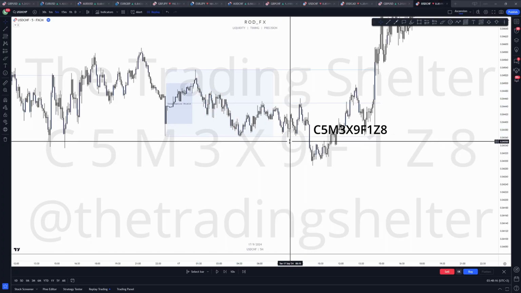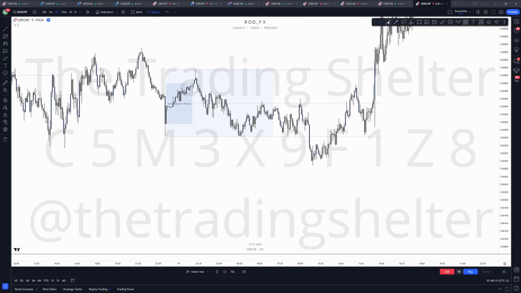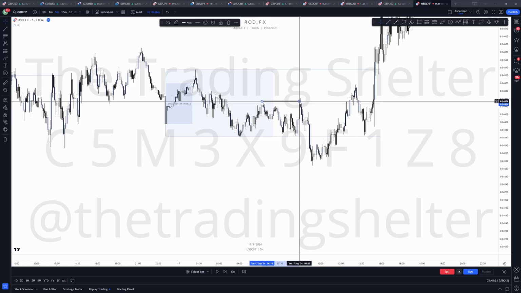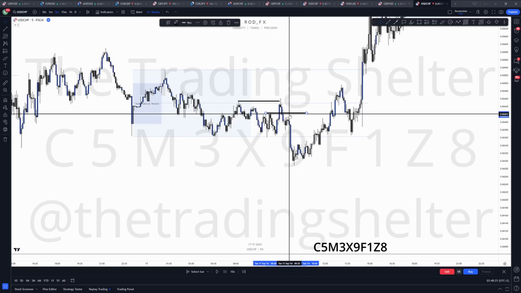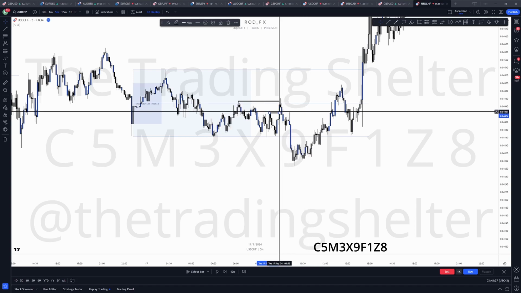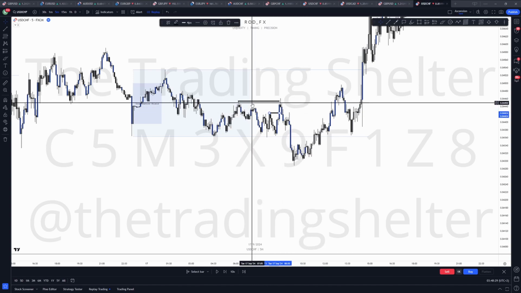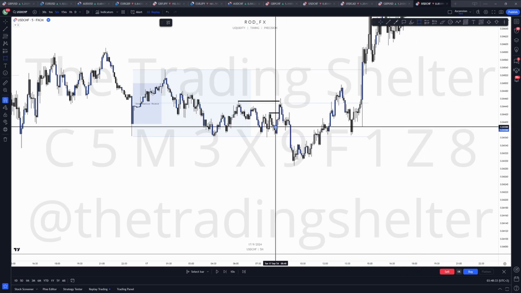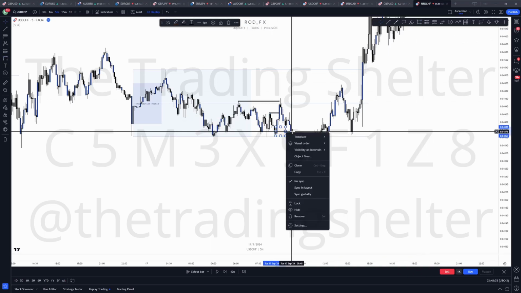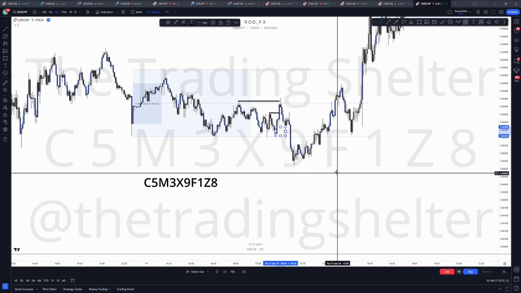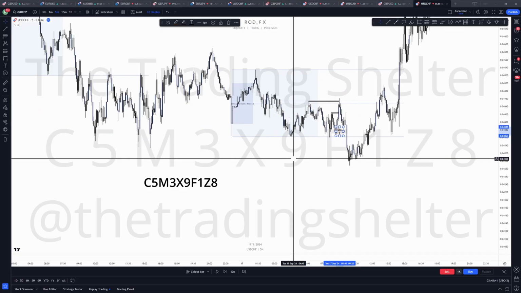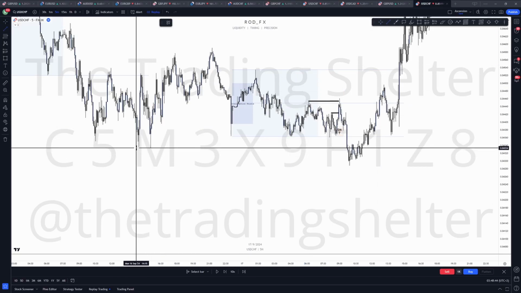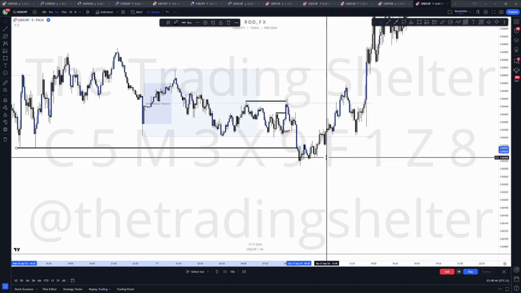This is the only thing I want you guys to do when you identify that FBOS. This is the IFBOS, but both of them tell the same story. It identifies this as being an SMT. We had a beautiful reaction, as you can see, and price went lower in this liquidity.